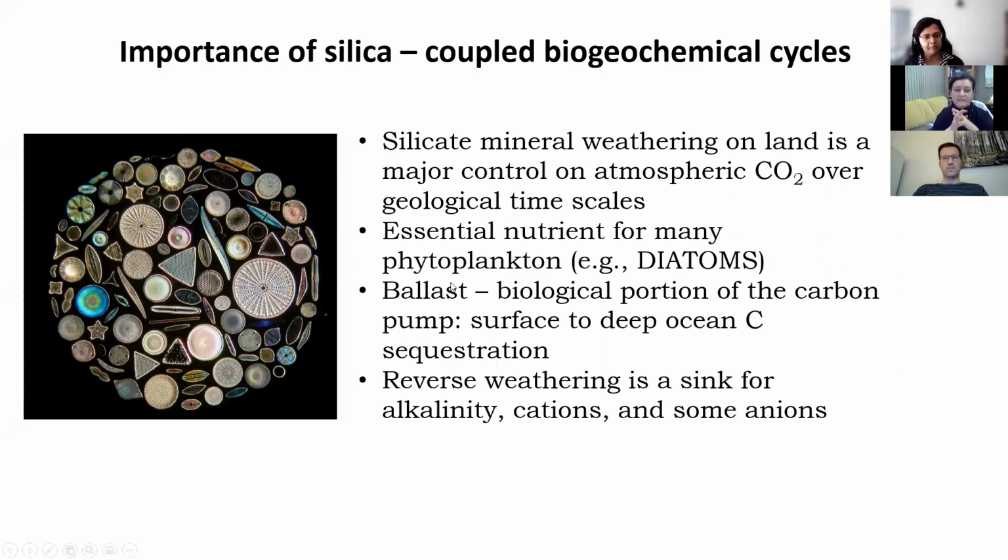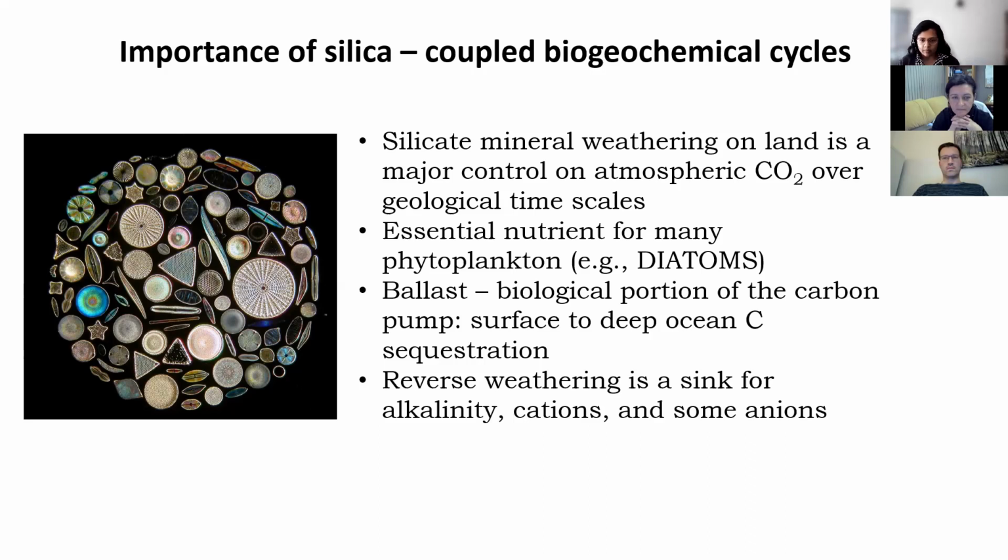Yes, perfect. Okay. So as I was mentioning, I want to start by talking about the importance of the reactive silica cycle on the surface of our planet and how it's coupled to the biogeochemical cycles of a host of other elements. This shouldn't be a surprise. Silicon is the second most abundant element in our crust. But I want to talk specifically about the controls of silicate mineral weathering over atmospheric CO2, how it's an essential nutrient for many phytoplankton, how it also acts as ballast material.